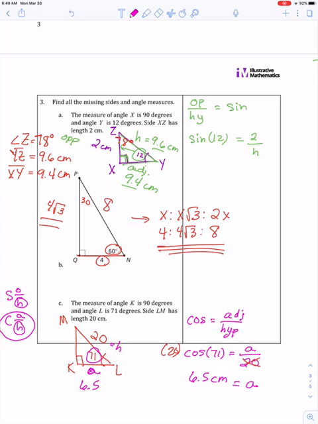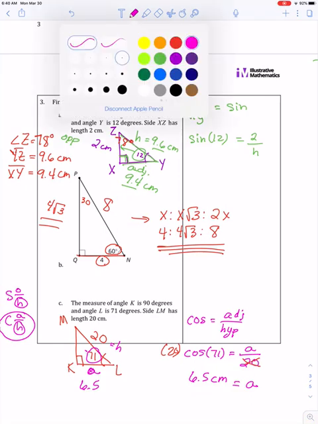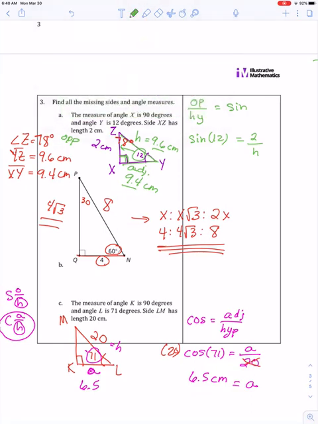Okay, so now I'm going to still use 71, but now I'm going to go to the other side. I'm going to go over here. So now I'm going to be searching for the opposite side this time. I'm still going to keep my hypotenuse. So now I'm going to look at sine, which is my opposite over hypotenuse.